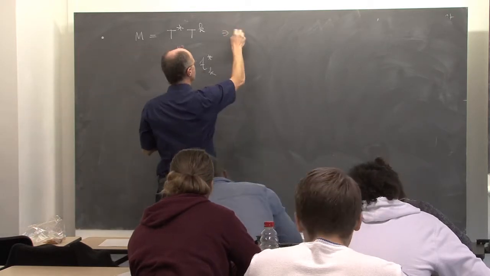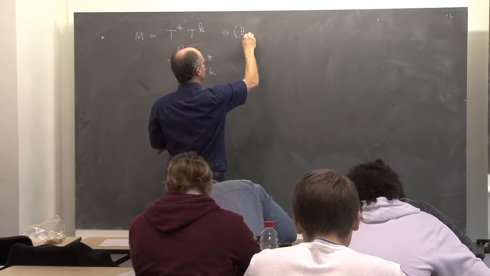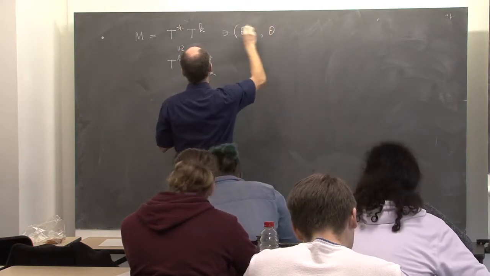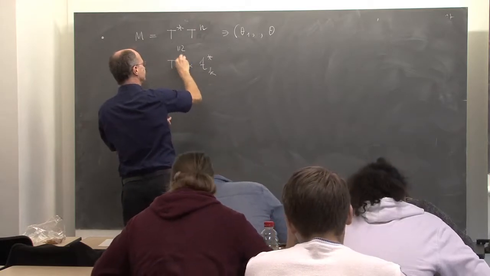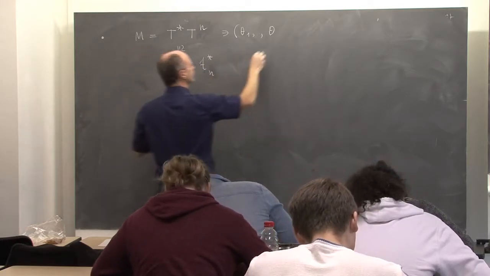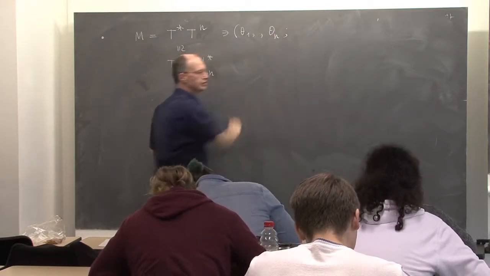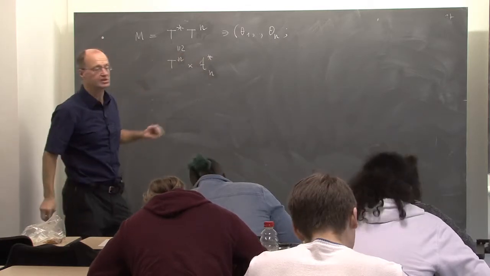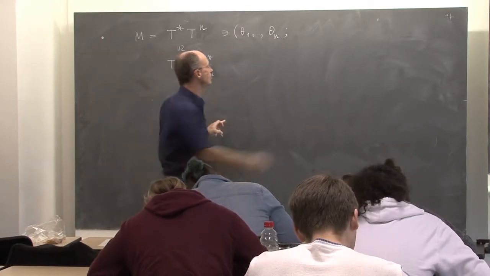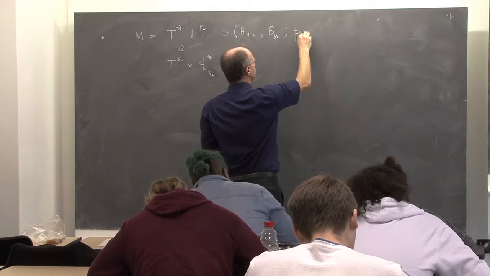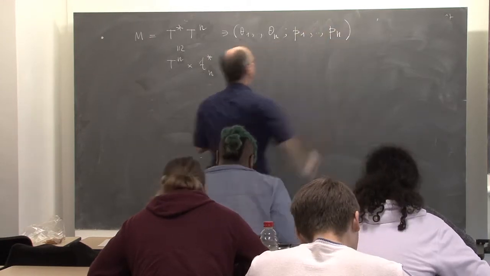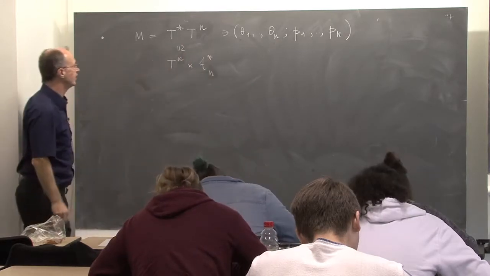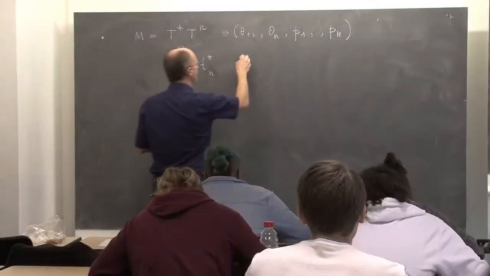So we can think of the following. Let me change it to n. So it has the following explicit coordinate system. It has angles θ1 through θn, and the coordinates in the fiber I will denote p1 through pn.